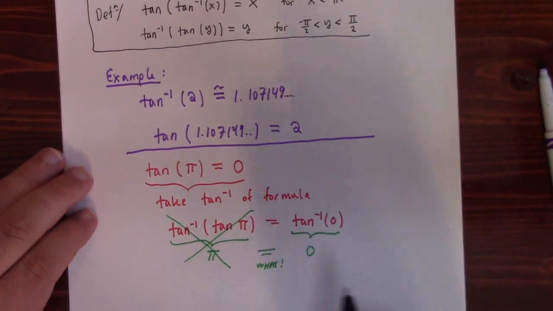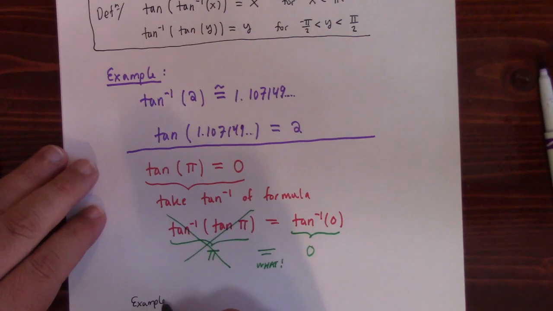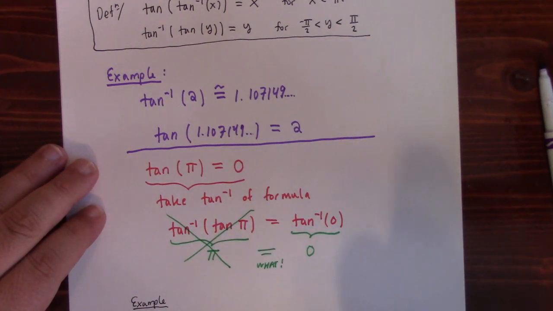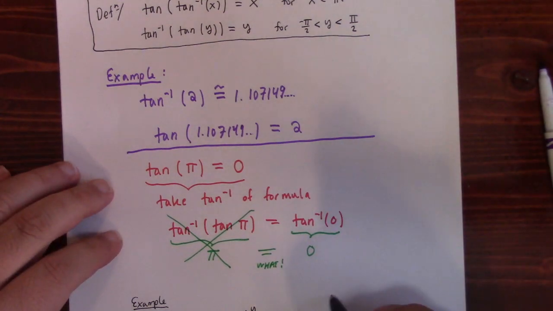Actually, let me just give you one example of that. We kind of did this before in class, I think, but say I wanted to solve sine of x equal to minus a half.